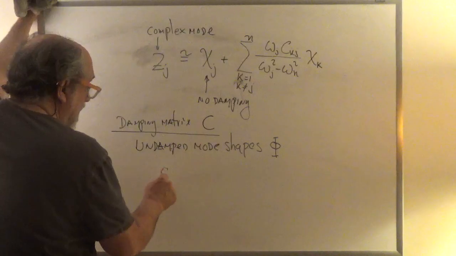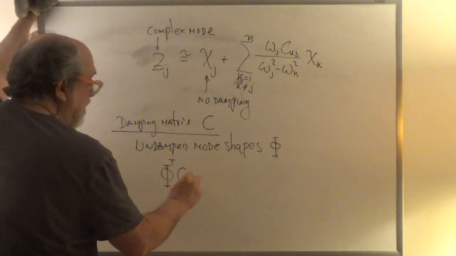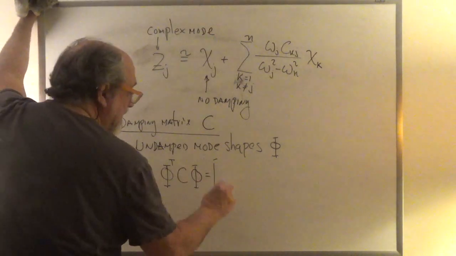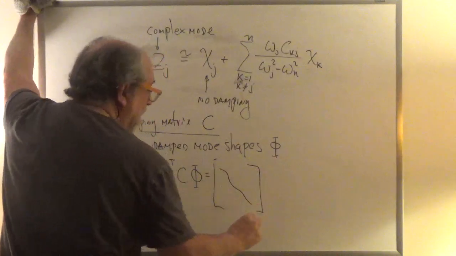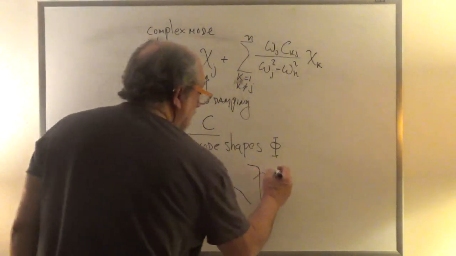Then phi transpose times the damping matrix times phi, if that is diagonal, then the damping is classical.